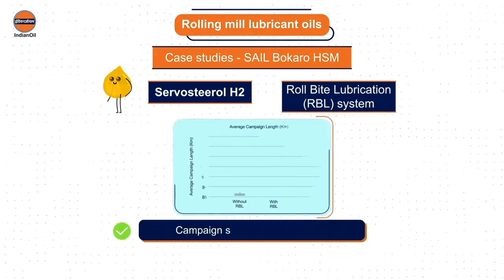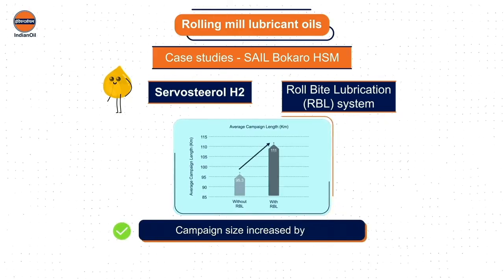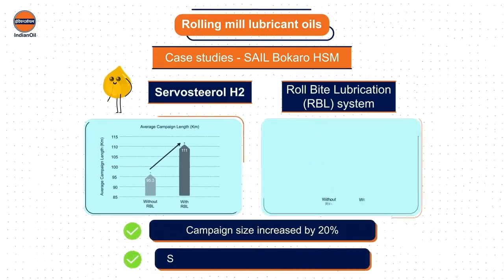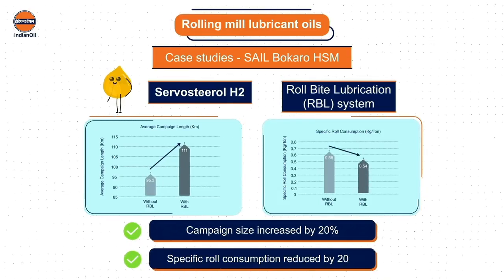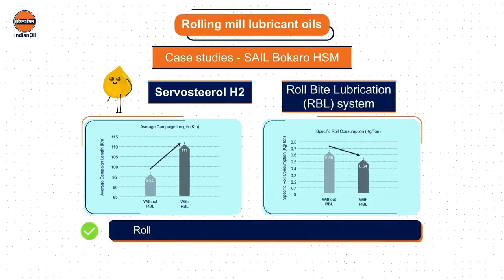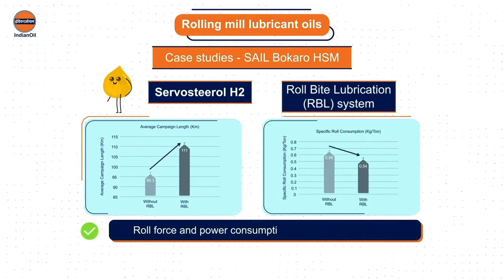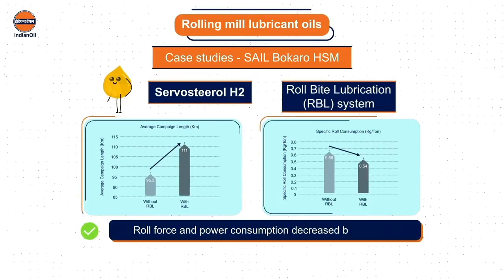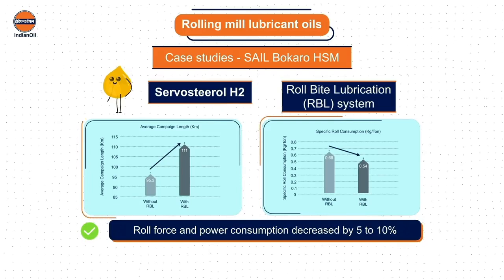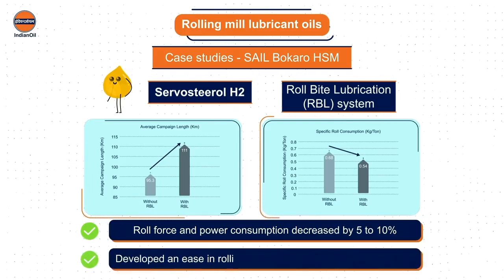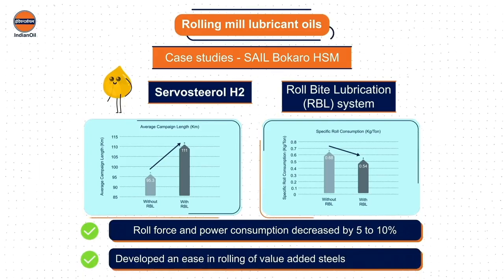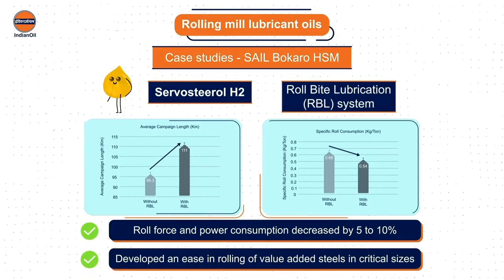The campaign size increased by 20%. The specific roll consumption reduced by 20%. The roll force and power consumption decreased by 5 to 10%, and it also developed an ease in rolling of value-added steels in critical sizes.